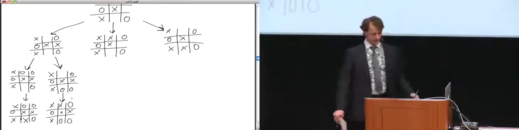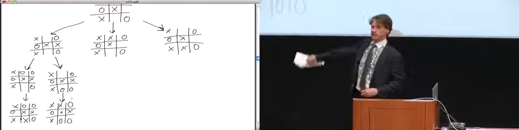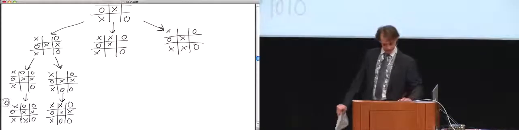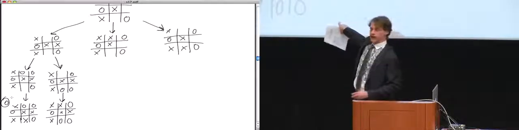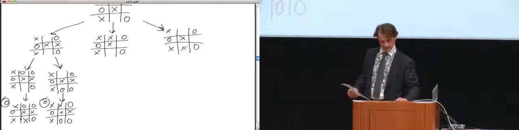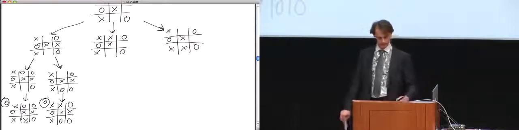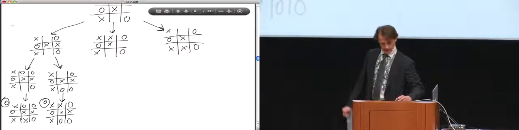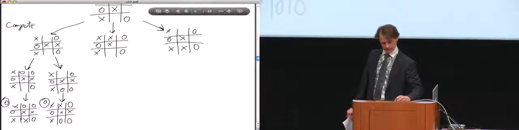Let's score these grids. The bottom left grid, nobody has won. The game is over. So this grid gets a 0. The sibling of that grid, same situation. There's no 3 X's in a row, no 3 O's in a row, so that grid also gets a score of 0. As we look at the tree, we want to know which ones are the min levels and which ones are the max levels so we can score it.